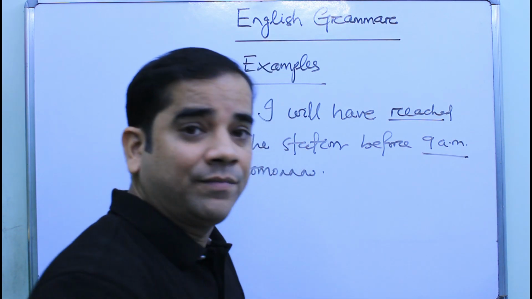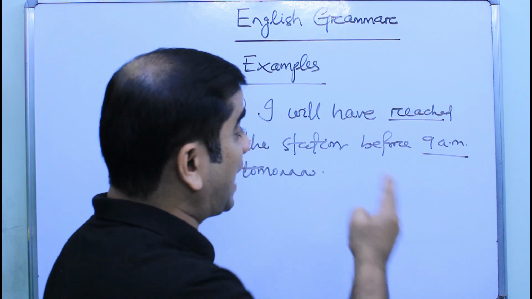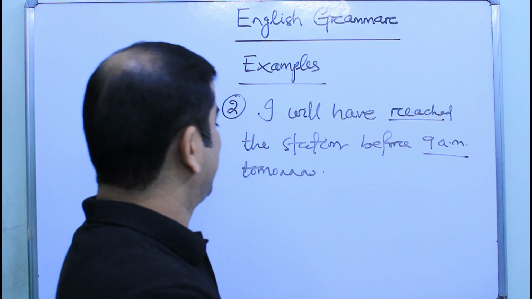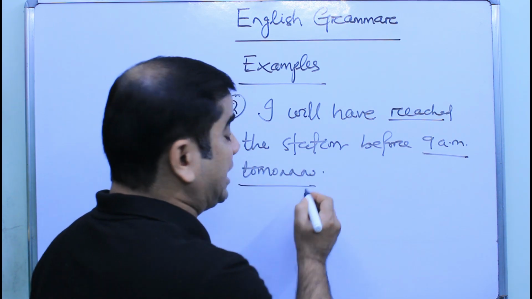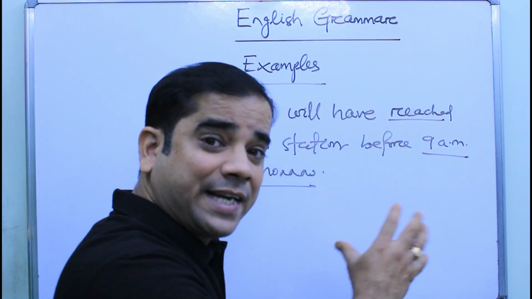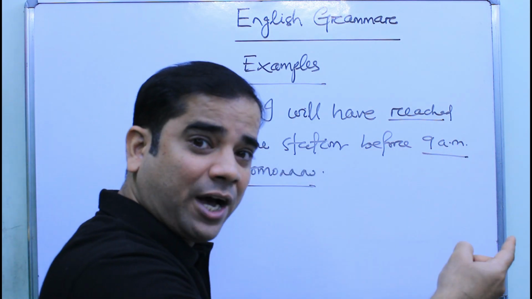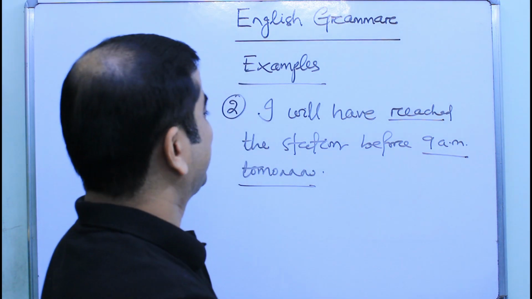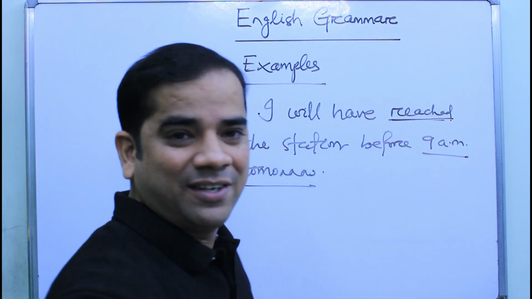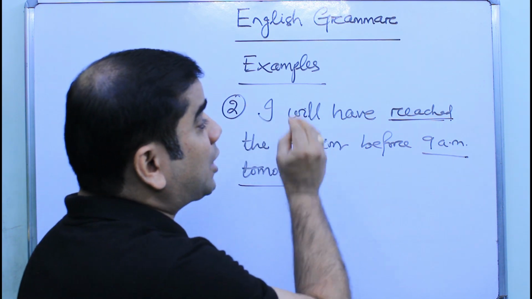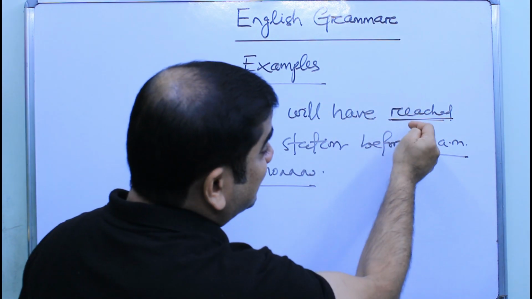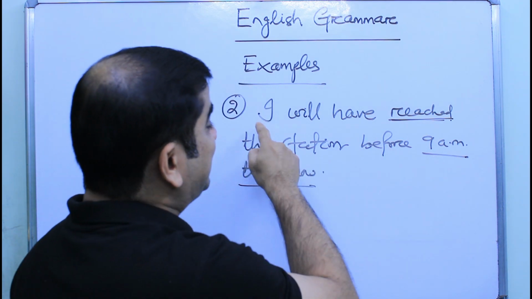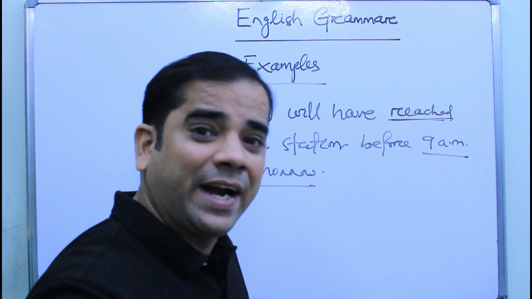Before 9 a.m. is a fixed time, and the time period before 9 a.m. is past, isn't it? 9 a.m. tomorrow denotes that it is in future. 9 a.m. tomorrow is future; before 9 a.m. would be past of future. That's why the action reach is in its future perfect tense, because this action is nothing but past of future.